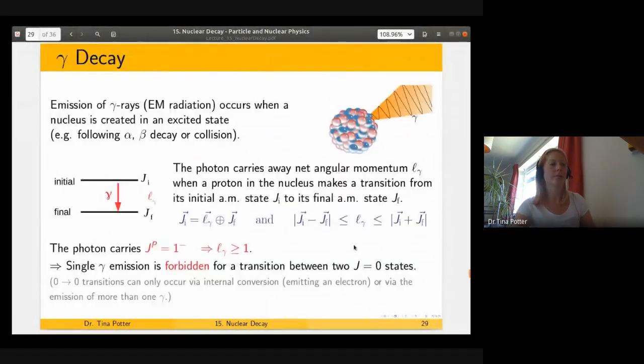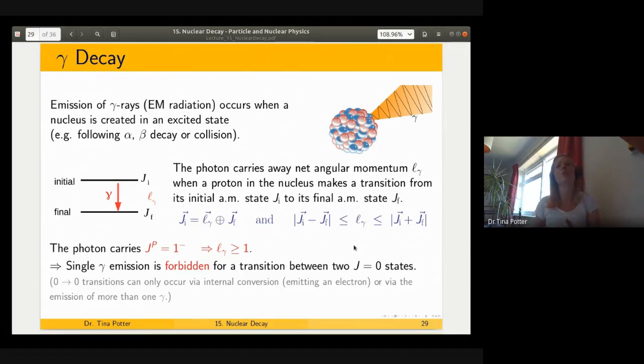Okay. So let's move on to the last but not least, which is gamma decay. As I said at the beginning of this long lecture, we see gamma decay when we have a nucleus going from an excited state down into its ground state. This happens very often after alpha or beta decay.